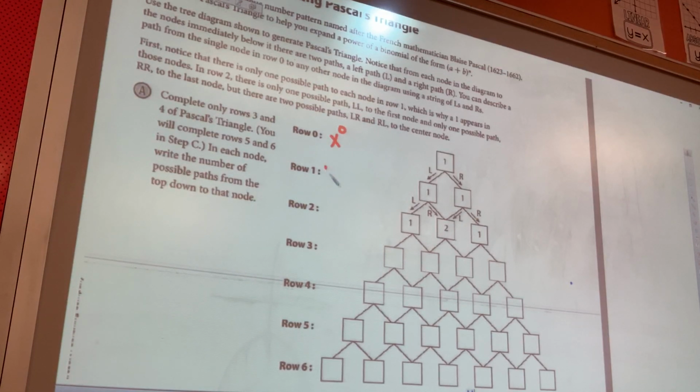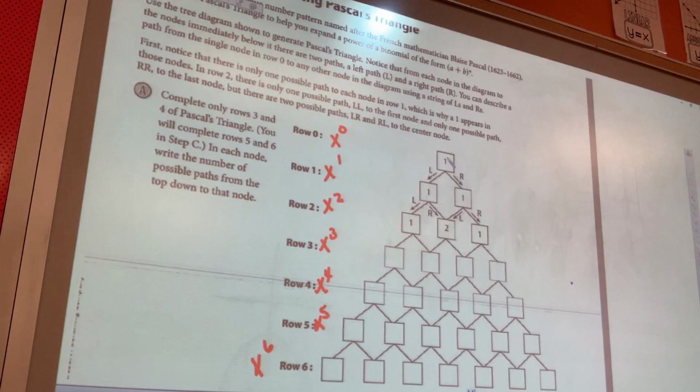And this could be like x to the first power, x to the second, x to the third. That's what this means. Okay, so you start out with a 1 here, and going left or right, the only thing that can go here is also a 1 and a 1.